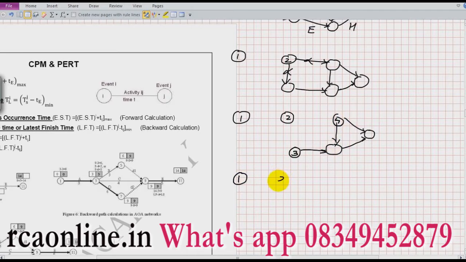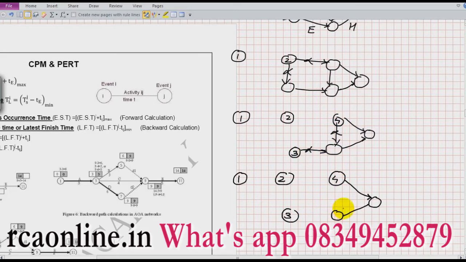1, 2, 3, 4, 5. Okay, we have removed these two now because we have already numbered.